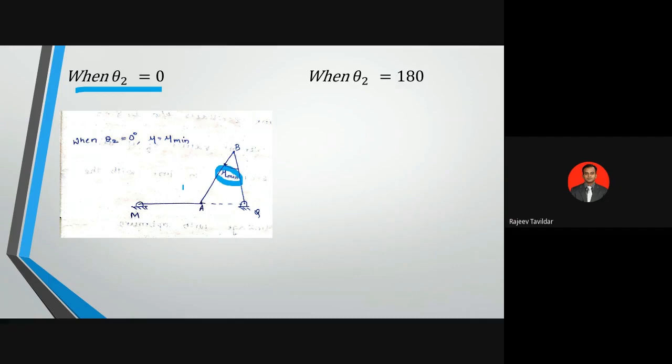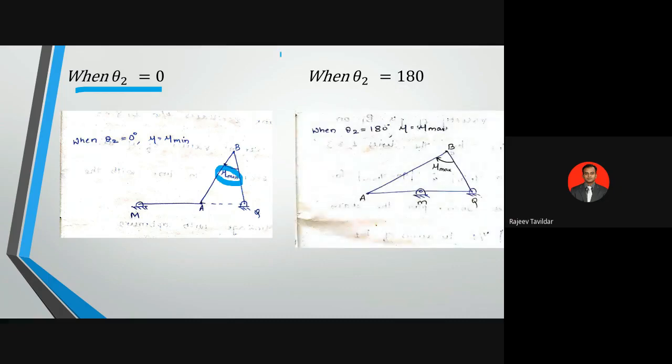Similarly, when theta 2 is 180 degrees, point A will go to the other side. Okay, so this is your theta 2, which is 180 degrees now. So in this case, the transmission angle mu will be equal to mu max.